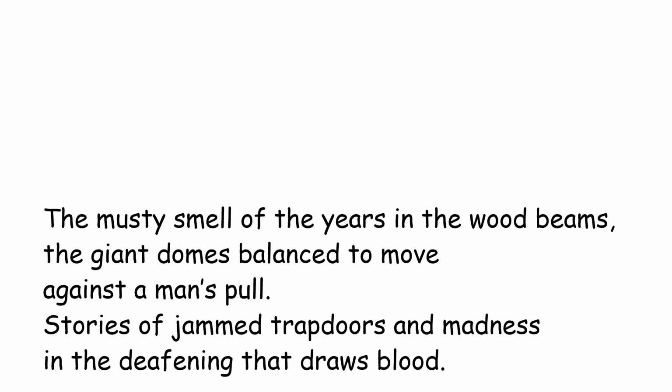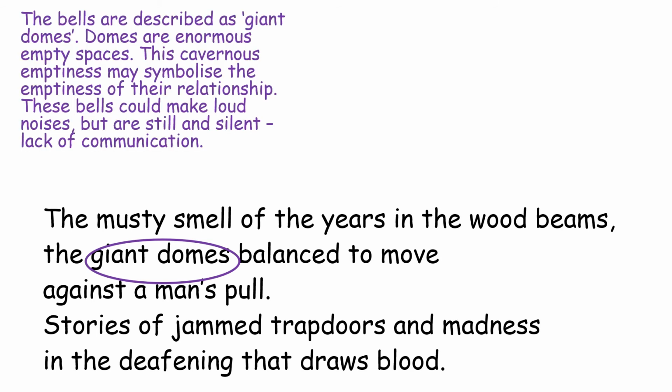The next part of the line says the giant domes. The giant domes here could be seen as a metaphor. The giant domes literally are bells, the bells that have been referred to from the very beginning of the poem. However, these giant domes, using the pre-modifying adjective giant and the noun domes, could be a symbol for the relationship between these two people.